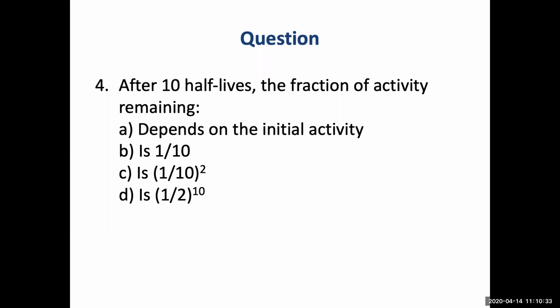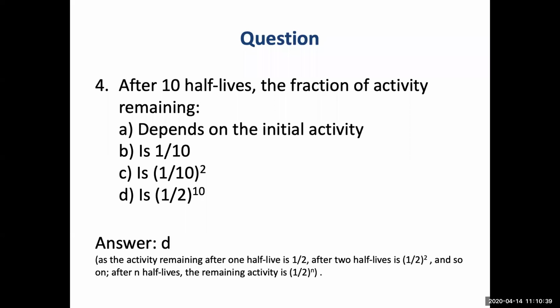Okay, D. Excellent. So the answer is D. The activity remaining after 1 half-life is half. After 2 half-lives, a quarter, and so on. So the remaining activity is half to the power n, where n is the number of half-lives.